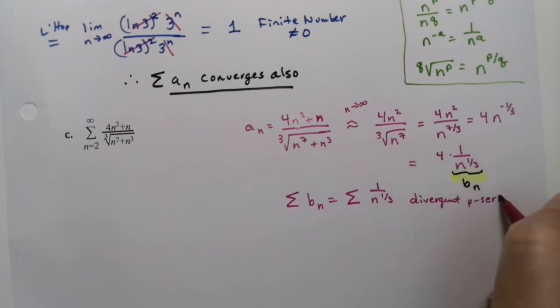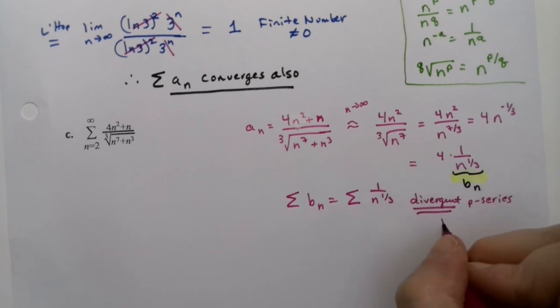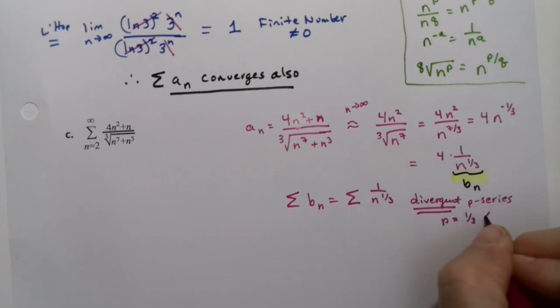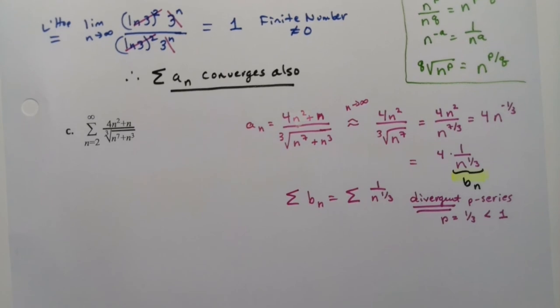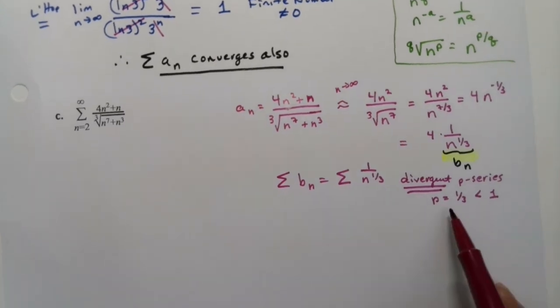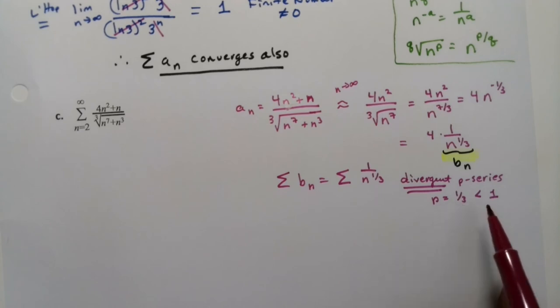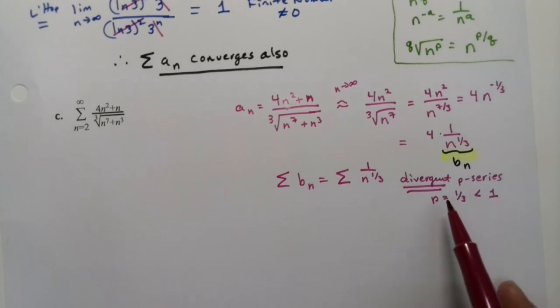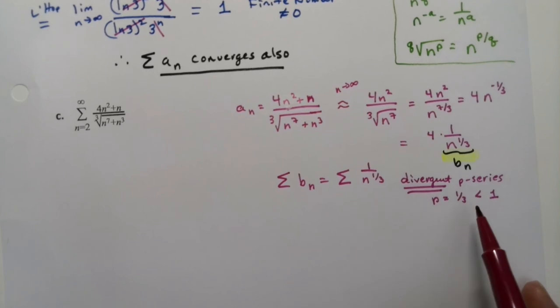It's divergent, and of course I would have to explain this, because p is 1/3, which is less than 1, right? In a p series, when your power is less than or equal to 1 is the harmonic series. So less than or equal to 1 it diverges, greater than 1 it converges.